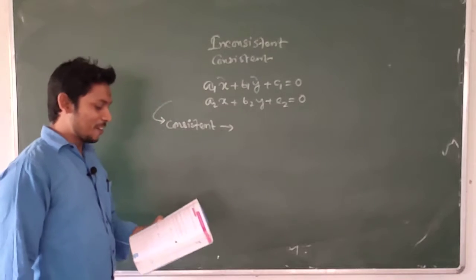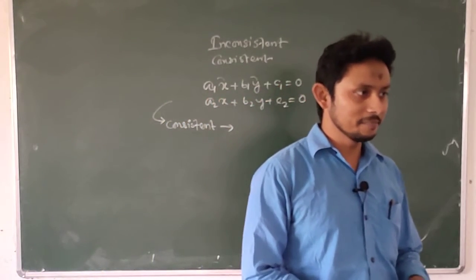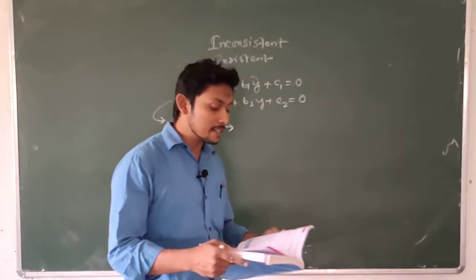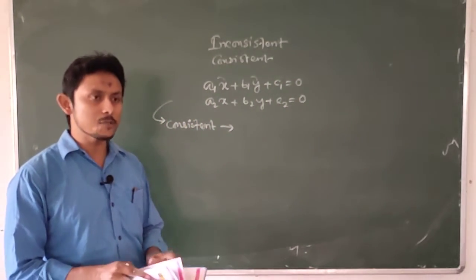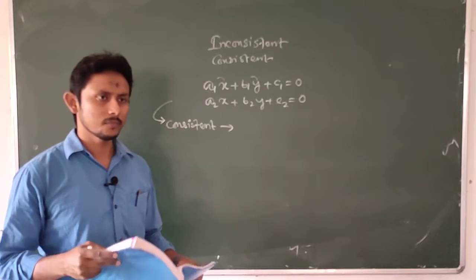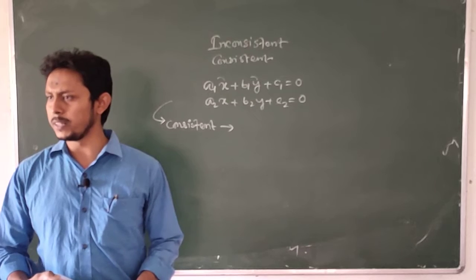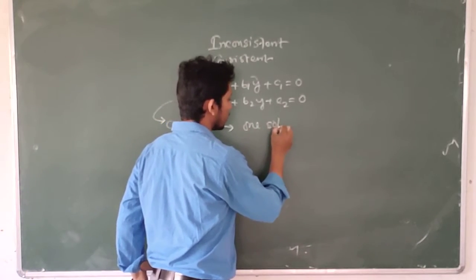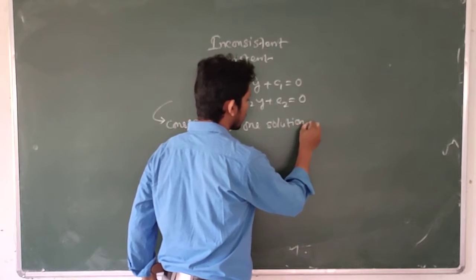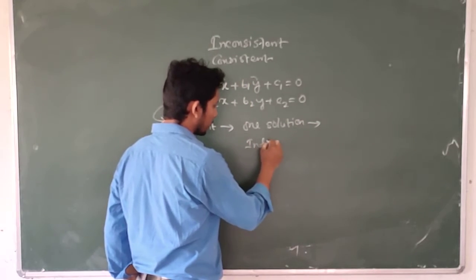Okay, so now tell me what are the relations? Tell me the coefficients' relation. Don't you remember when they will have a solution? One solution, consistent, there are two. Is it one solution and infinitely many solutions?